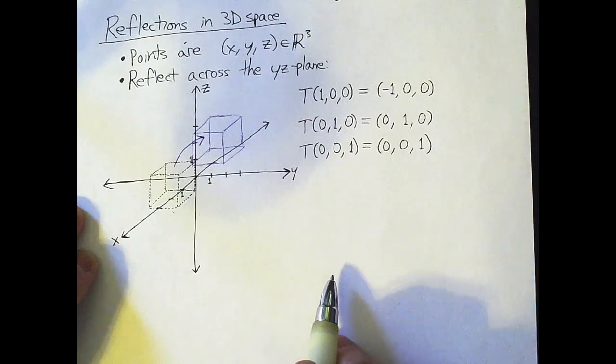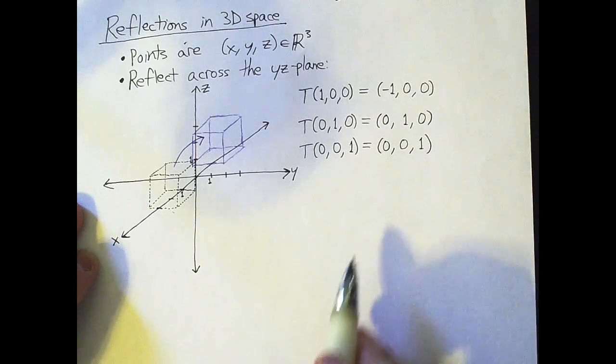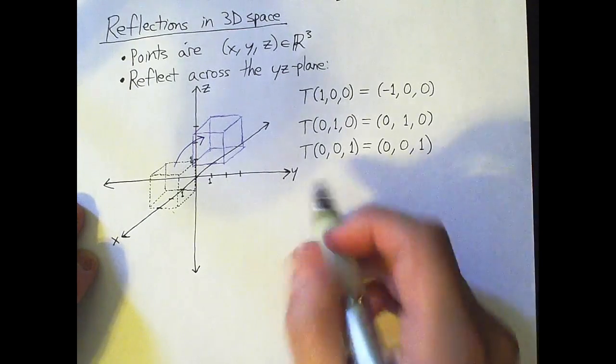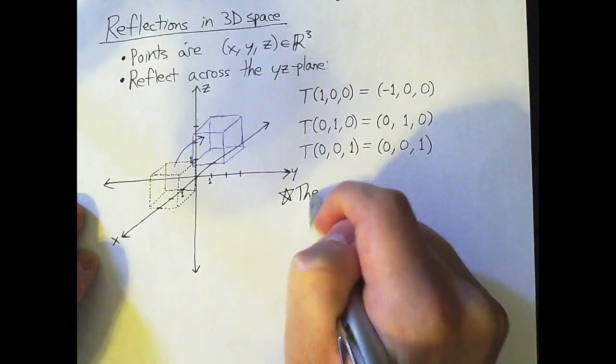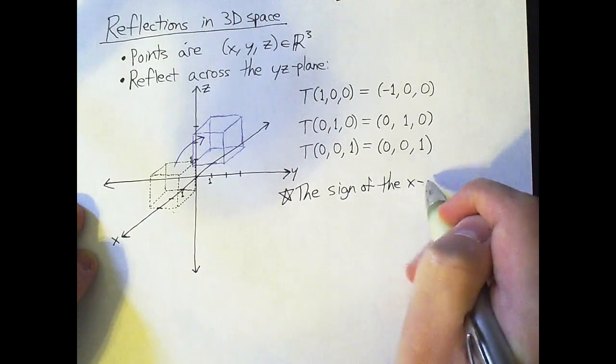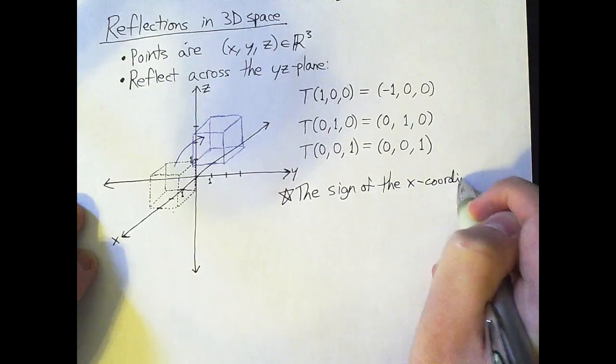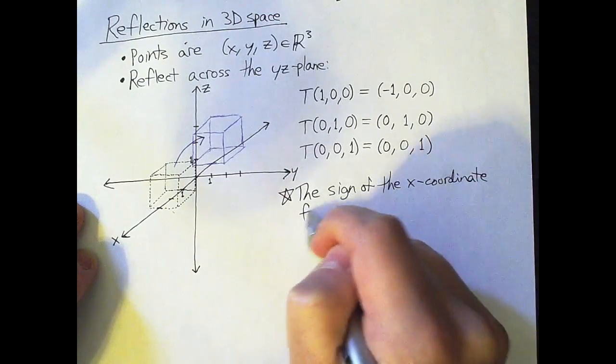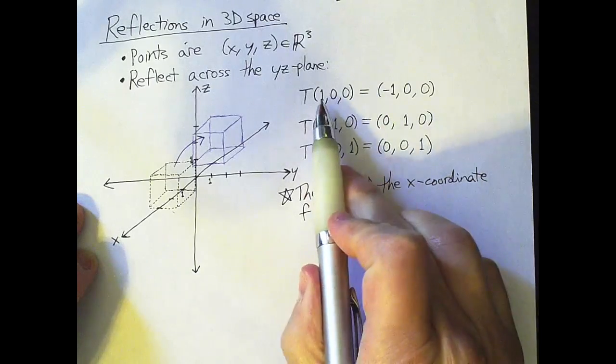So we can write this out as the standard matrix of this linear transformation, but I want to point out to you that the sign of the x-coordinate flips. Right, that happened here.